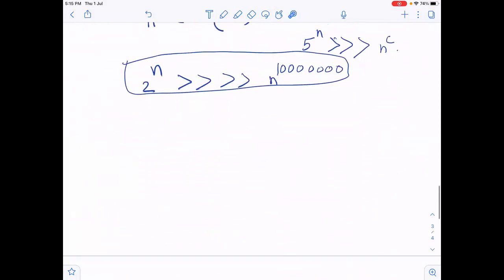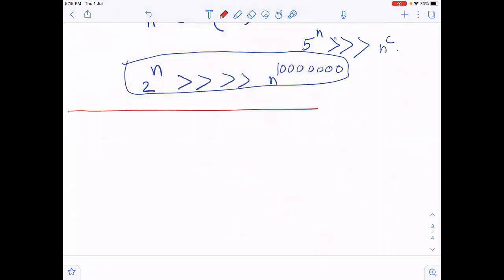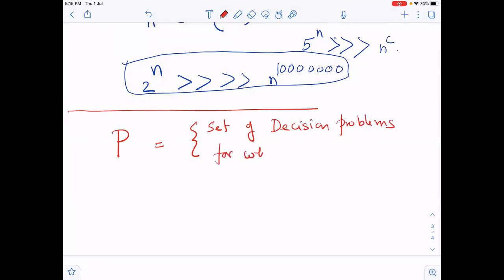So let me start with the formal definition of this class P. So P is the set of languages, the set of decision problems, for which there exists a polytime algorithm.